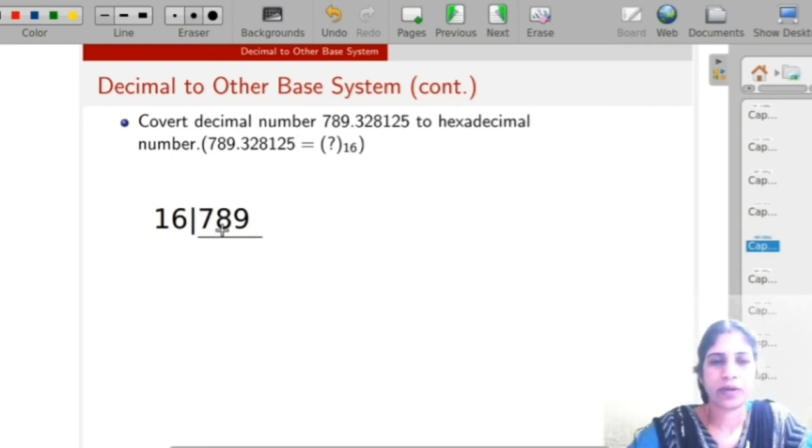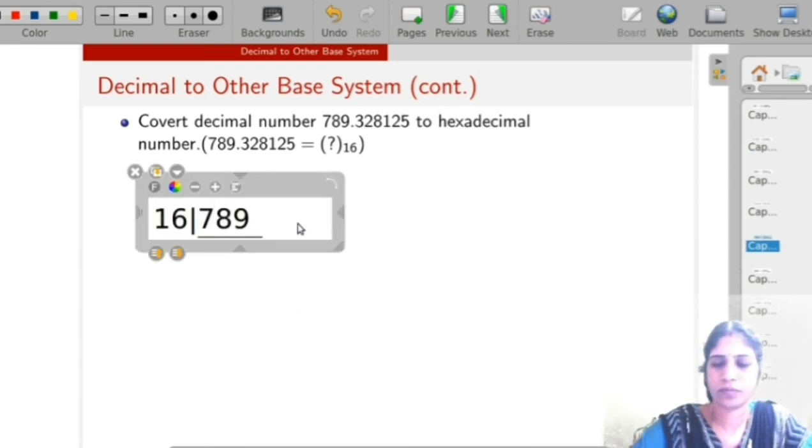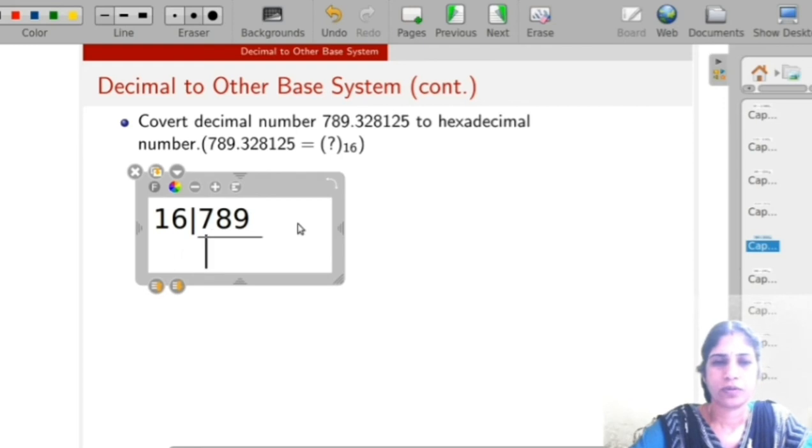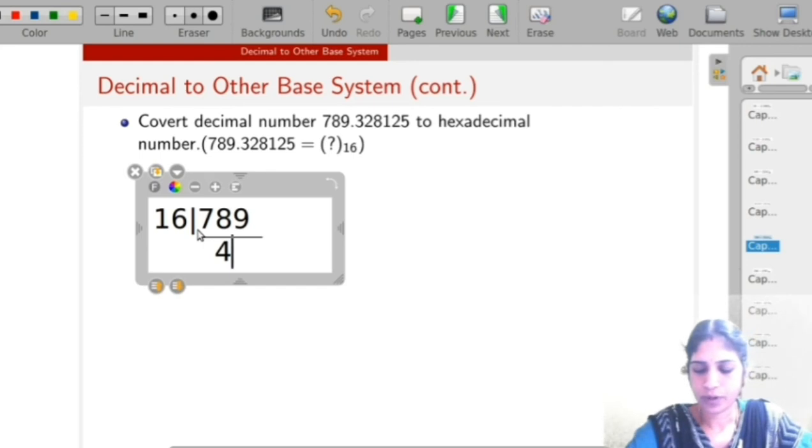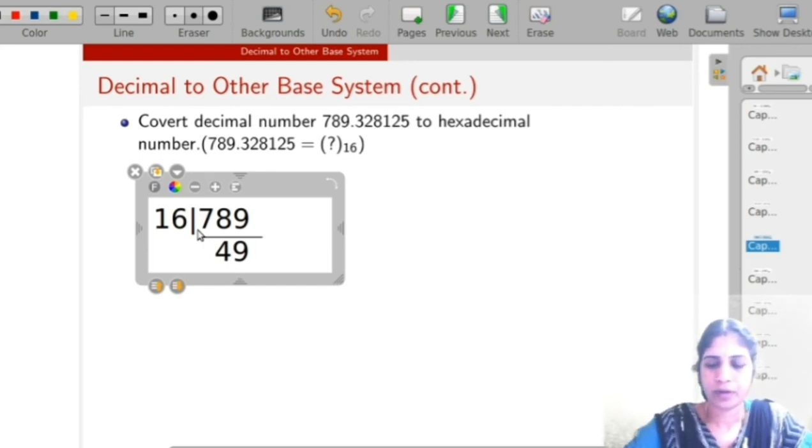So when you divide, we get 49 as quotient, 16 4s are 64, next is 149, 16 9s are 144, so we get 5 as the remainder.